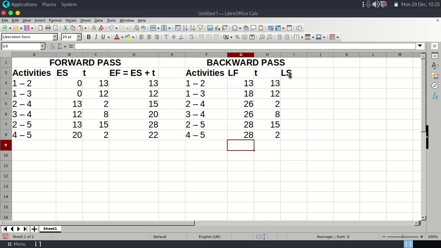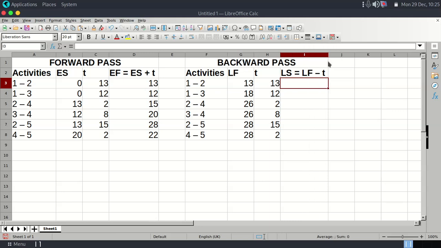Now LS, which is the latest start time. In the backward pass, remember we are subtracting, so it will be latest finish time minus the duration taken for this activity. So it's just simple. In forward pass we add, in backward pass we subtract.